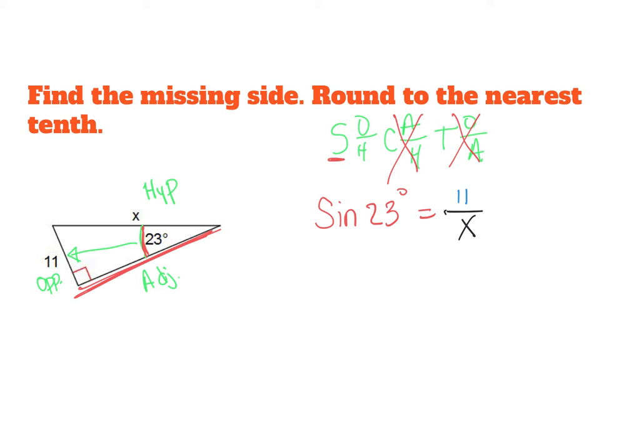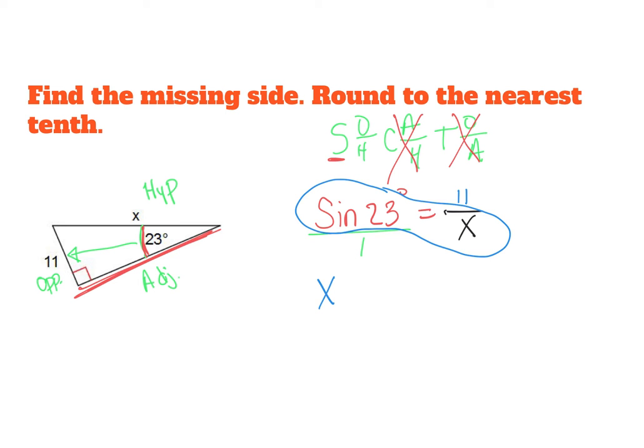And now I need to solve for x. So this may look very, very confusing, but let's remember that if I have a fraction, there's always an invisible 1. So I can set up two fractions, which means this is a proportion. Back in Algebra 1, we talked about proportions where you would cross multiply. So I would take this sine 23 times the x.